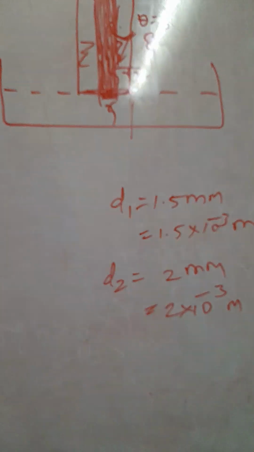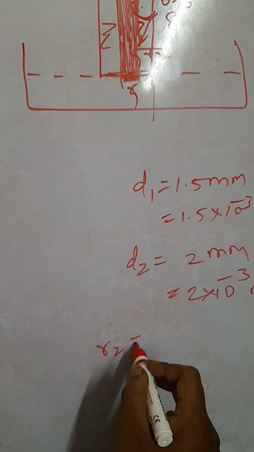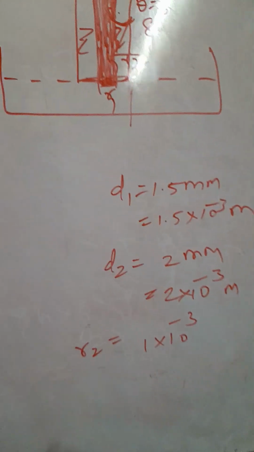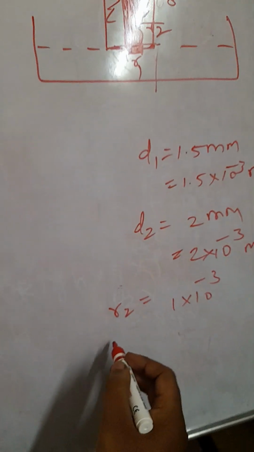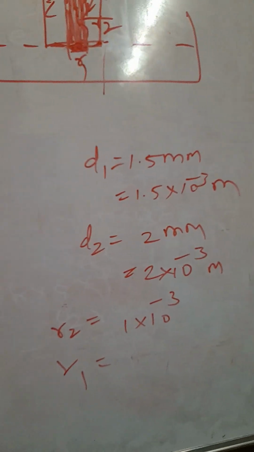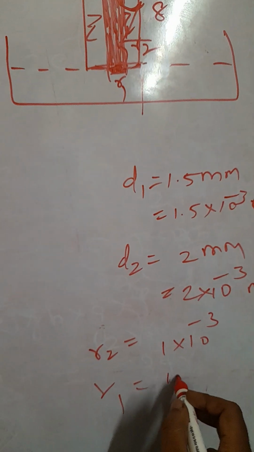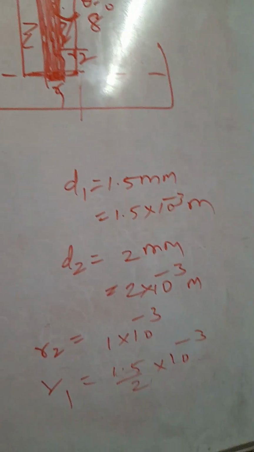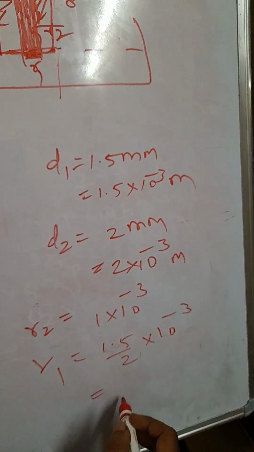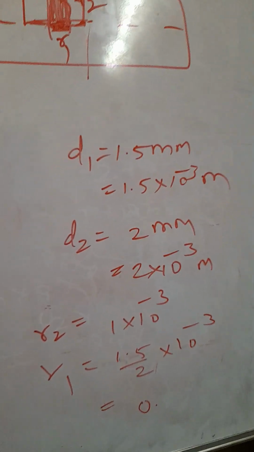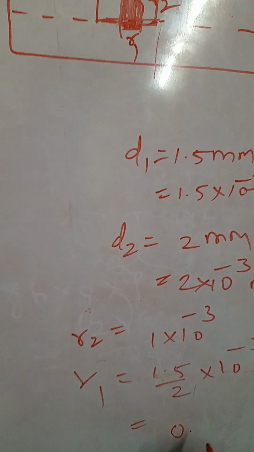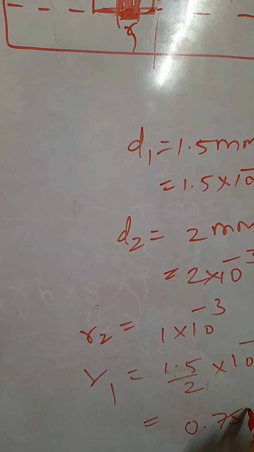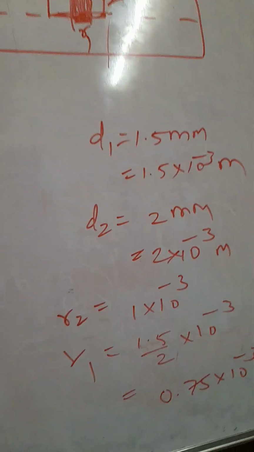So R2 value would be 1 into 10 power minus 3, because R2 is D2 by 2, and R1 would be 1.5 divided by 2 into 10 power minus 3, so it shall be equal to 0.75 into 10 power minus 3.